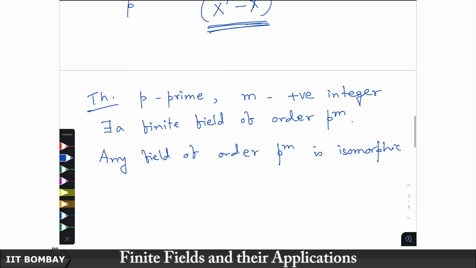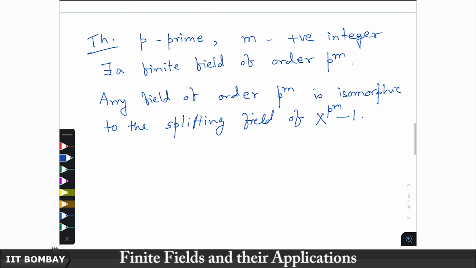So, it shows uniqueness of any finite field of p power m elements up to isomorphism, isomorphic to the splitting field of x power p power m minus x. So, let us prove this.